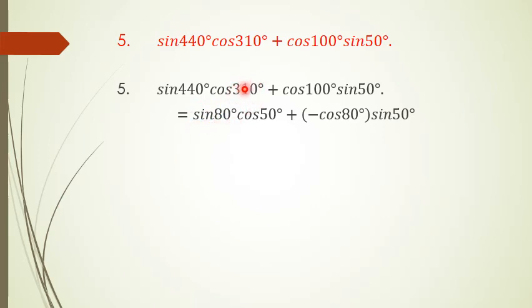310 lies in the fourth quadrant. In the fourth quadrant, cosine is positive. So this reduces to cos 50, which is 360 minus 310. Plus 110 is in the second quadrant. In the second quadrant, cosine is negative. So that reduces to cos 80 degrees, which is 180 minus 110. Then sine 50 is fine.